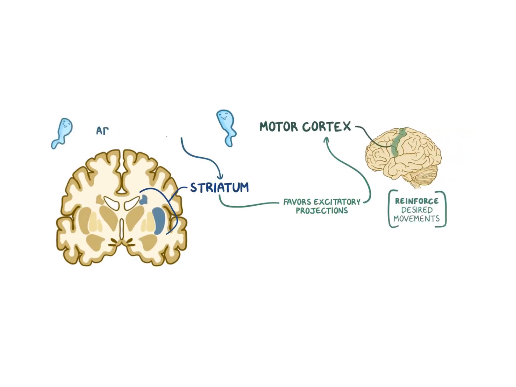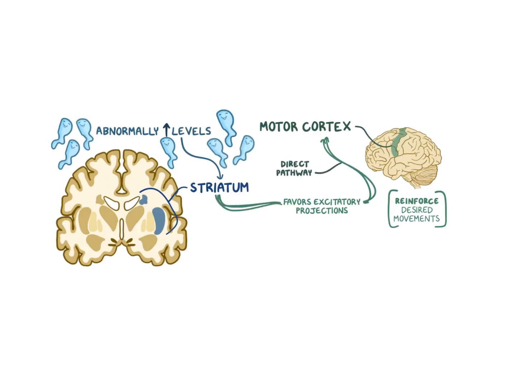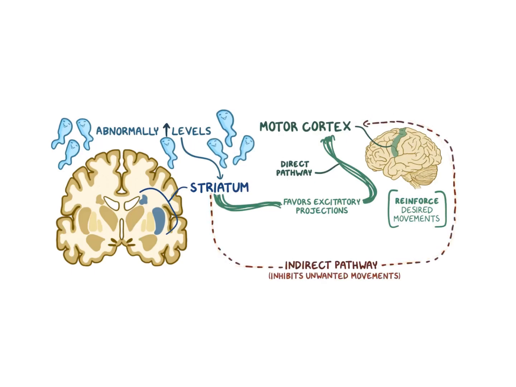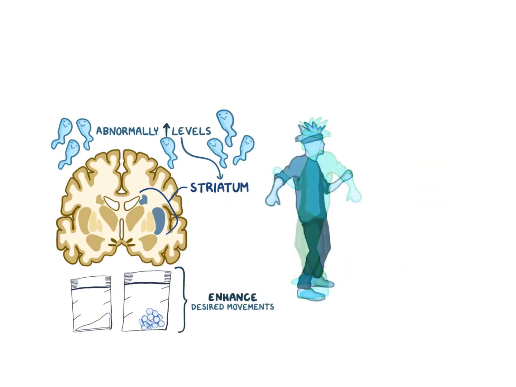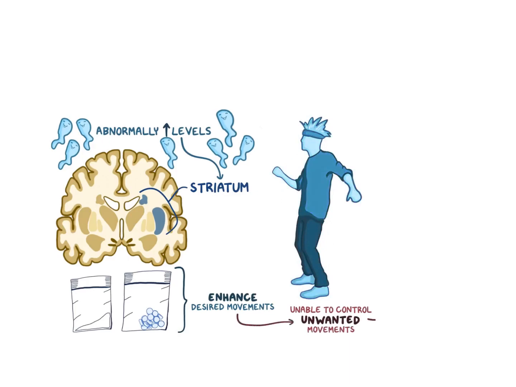In other words, if you were to add abnormally high levels of dopamine, the direct pathway for wanted movements becomes more active, and at the same time, the indirect pathway for inhibiting unwanted movements becomes less active. As an example, individuals using cocaine or ecstasy often have enhancements of movements they want, like dancing at a rave, but they're less able to control unwanted movements like grinding their teeth.